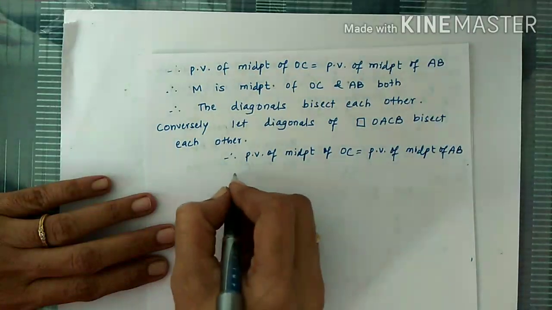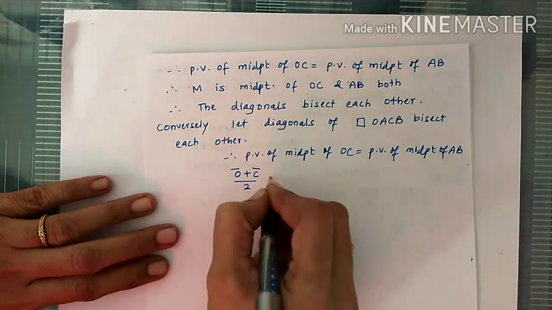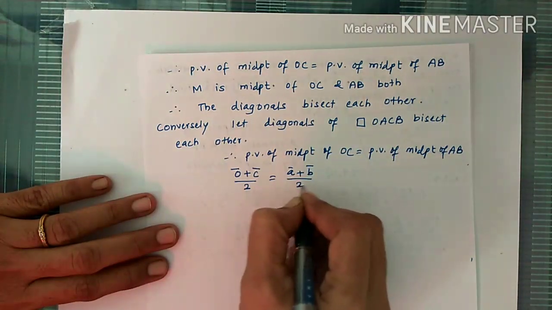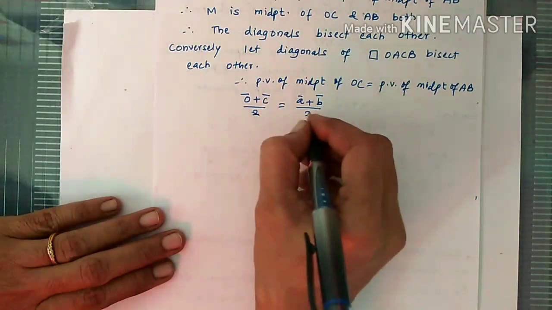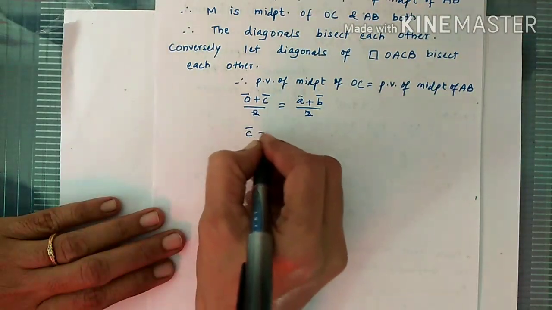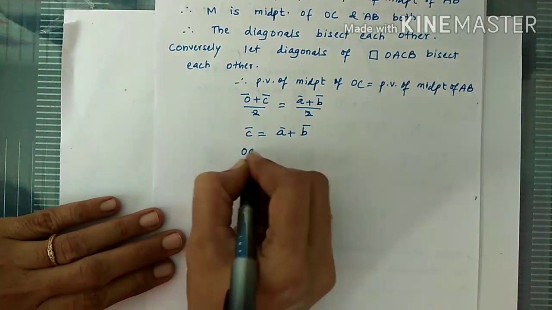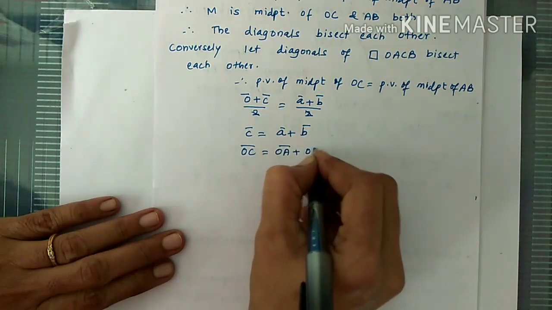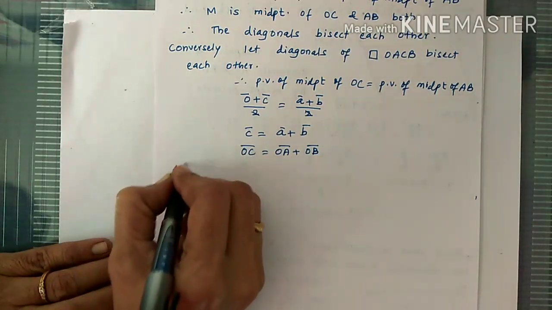Now position vector of midpoint of OC is 0 bar plus C bar upon 2 and position vector of midpoint of AB is A bar plus B bar upon 2. Now we can cancel this 2 and 0 bar plus C bar is C bar, that is equal to A bar plus B bar. So what we have is OC bar equal to OA bar plus OB bar, which is nothing but parallelogram law of addition.